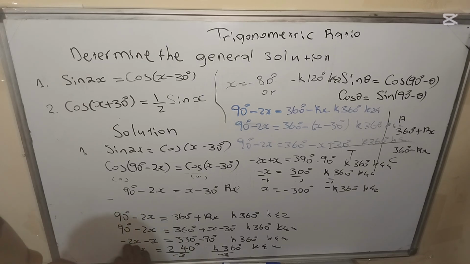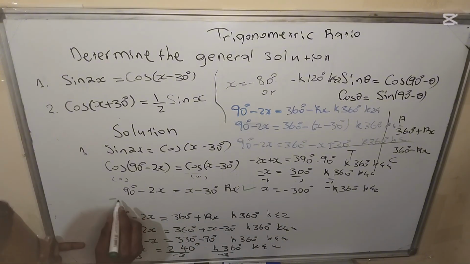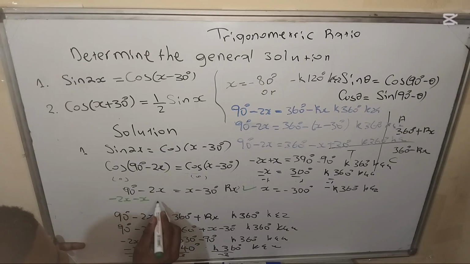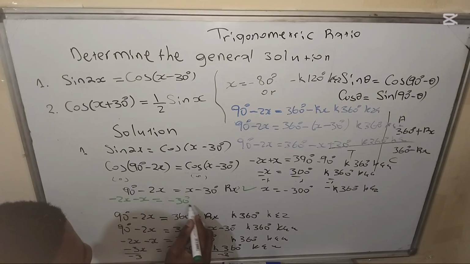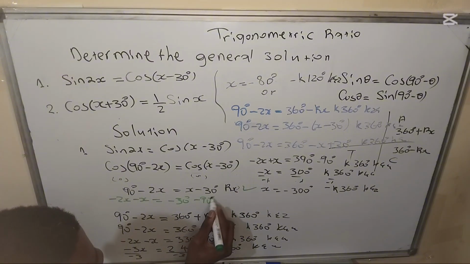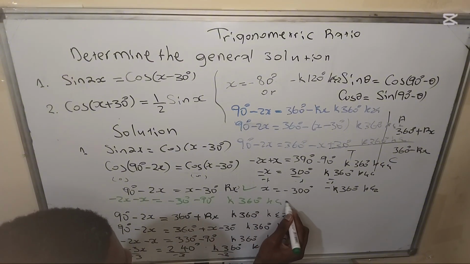Let me use a different color. You can just now use this portion by saying minus 2x minus x equal to minus 30 degrees minus 90 degrees, K, 360 degrees. K is an element of Z.